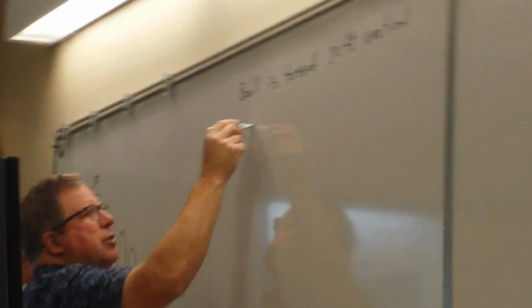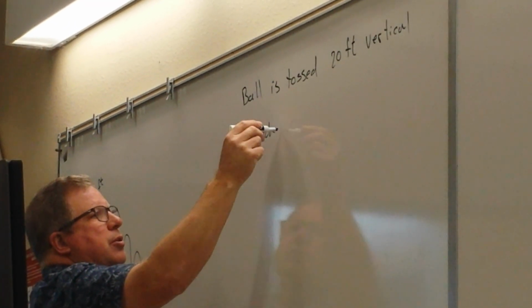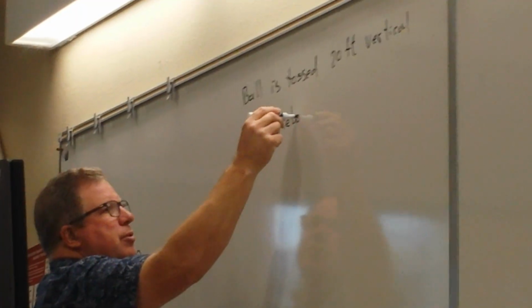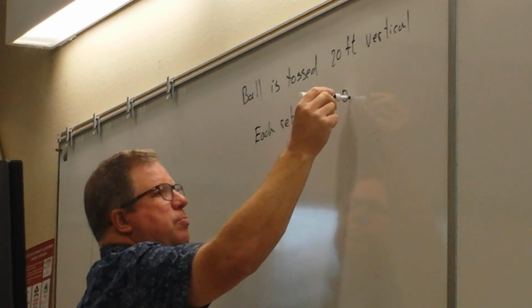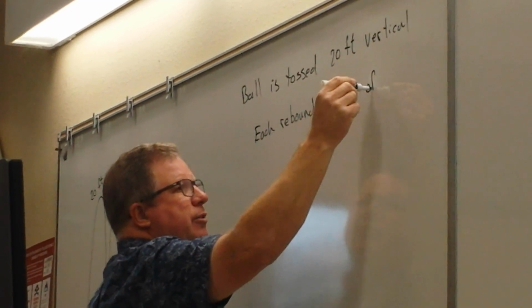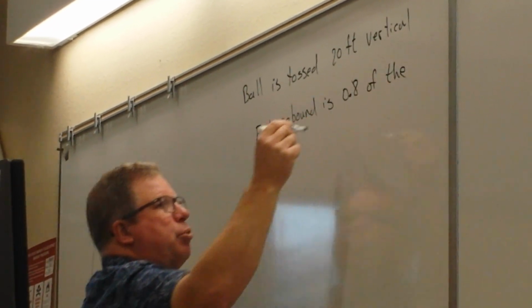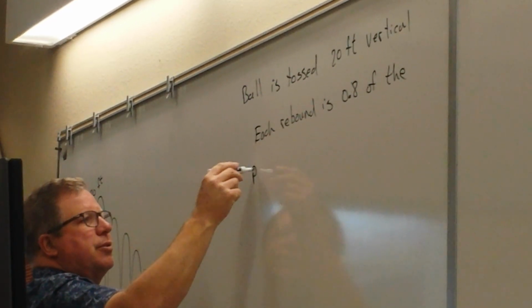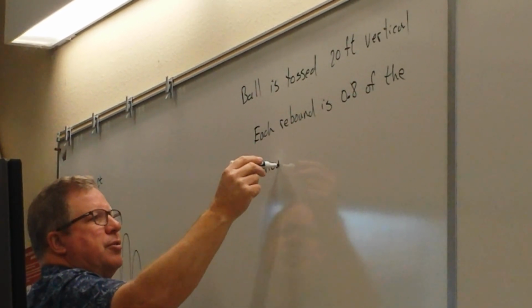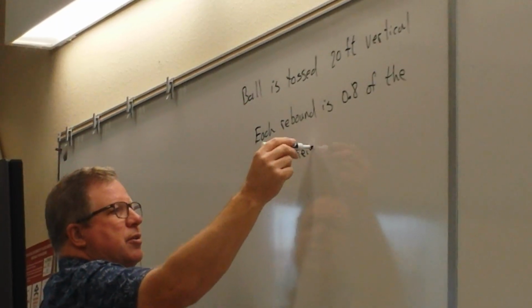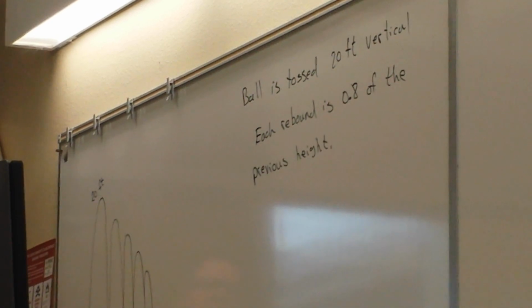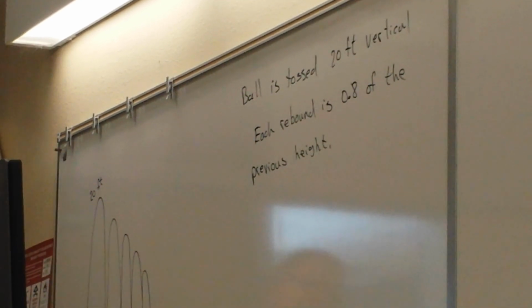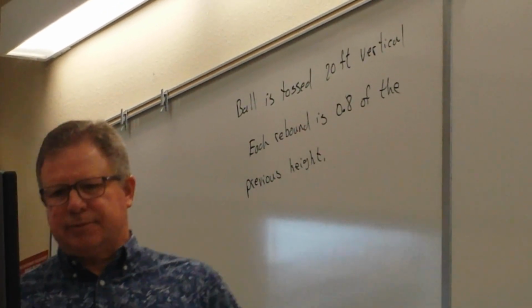Each rebound is 0.8 of the previous height. It's going to be explicit? We're going to do both.